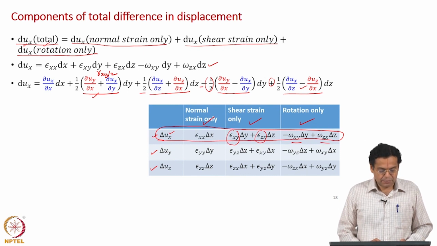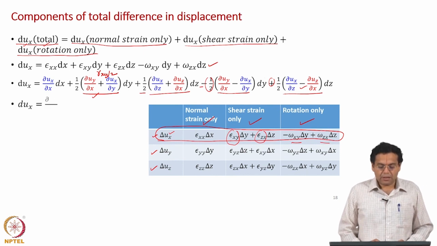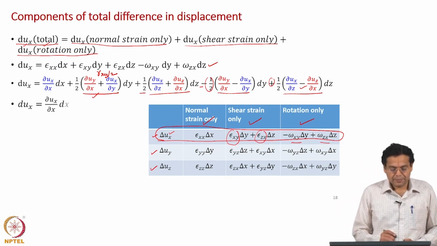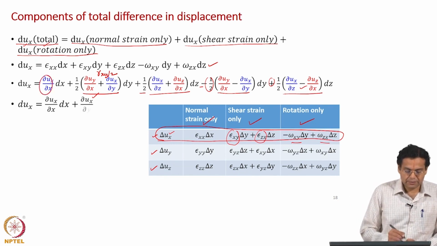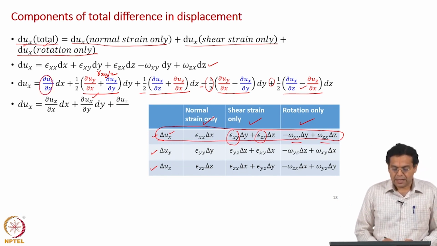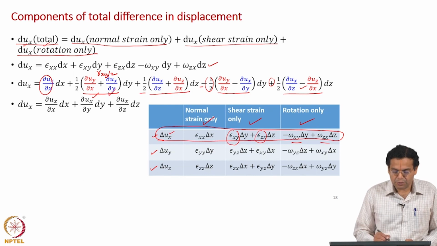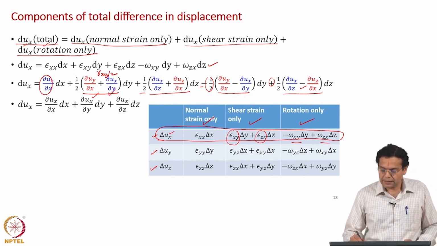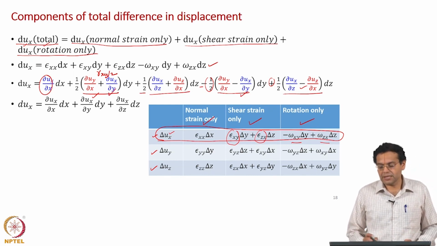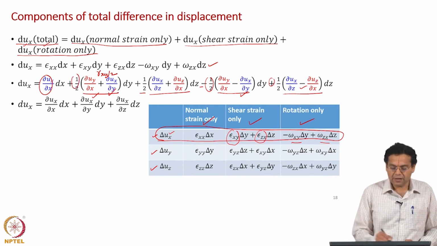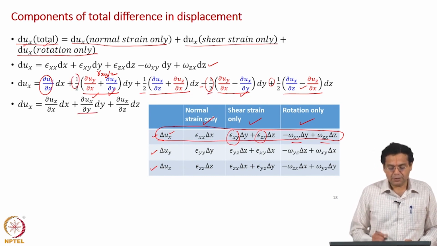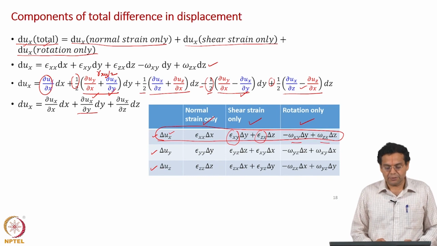If you simplify this, all the blue terms remain: dou ux by dou x, as such. If you sum this dou ux by dou y and this dou ux by dou y, minus into minus is plus, and you have a half here, a half here. So that becomes dou ux by dou y into dy.